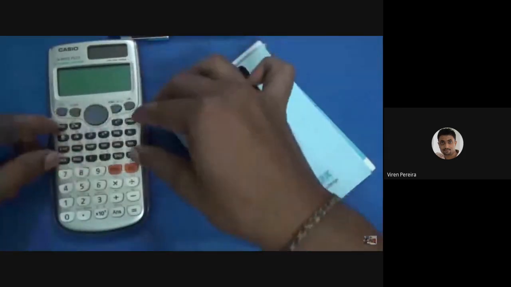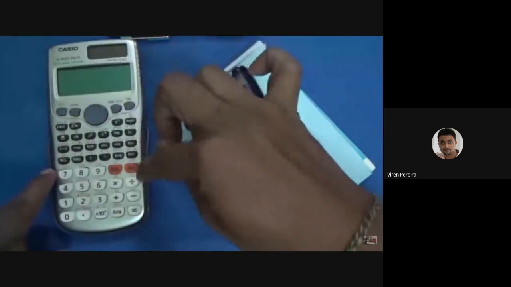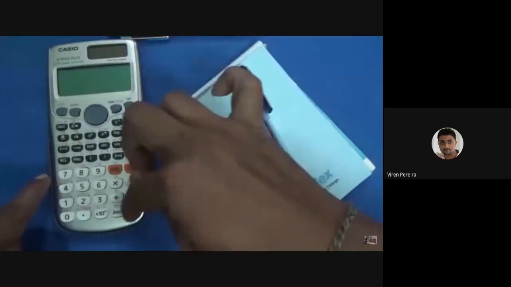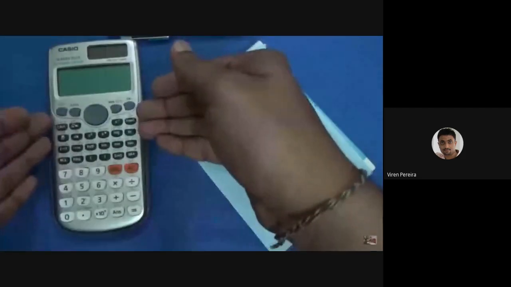Basically, this calculator comes in two sections. This is your first section, and this is your second section. In the first section, this part here is basically like your normal calculator. In the second section, which you can see here, is where the scientific purpose comes into play.